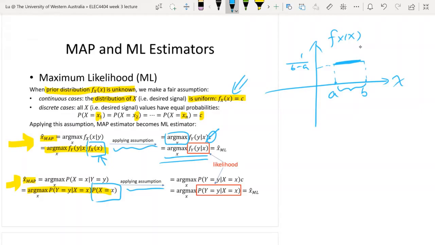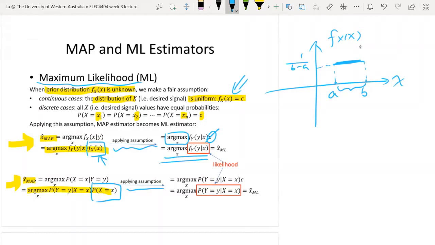This is the likelihood distribution. So what we are going to do now is to maximize, or in other words, to find out the x value which can maximize this likelihood distribution. And so this process is called the maximum likelihood methodology.